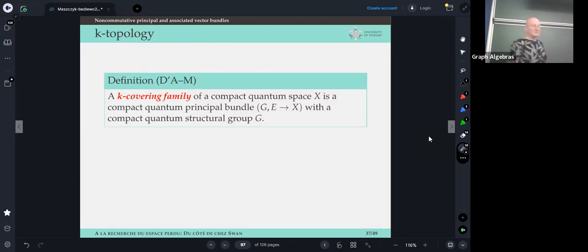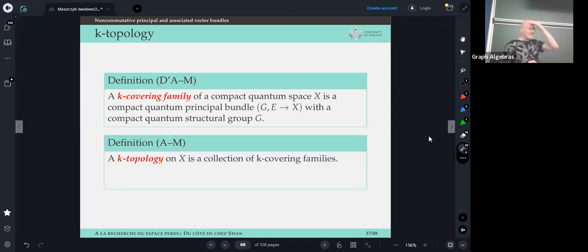K-topology consists of the notion of a K-covering family. It's a construction which mimics the topology introduced by Grothendieck in geometry, where he starts from some covering families satisfying some properties. So our K-covering family is, over a compact quantum space, a compact quantum principal bundle with a compact quantum structure group G. So we regard principal G-bundles as covers of this topology.